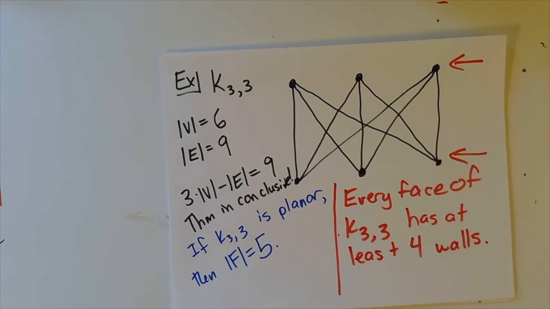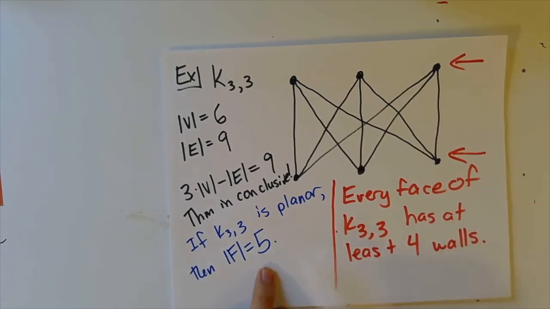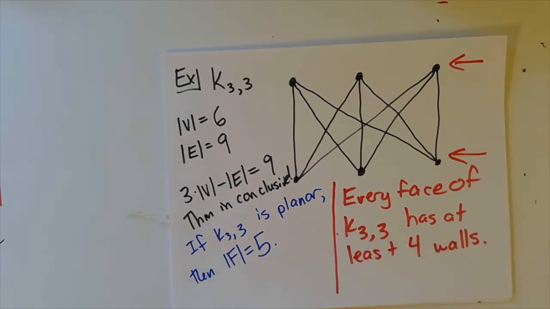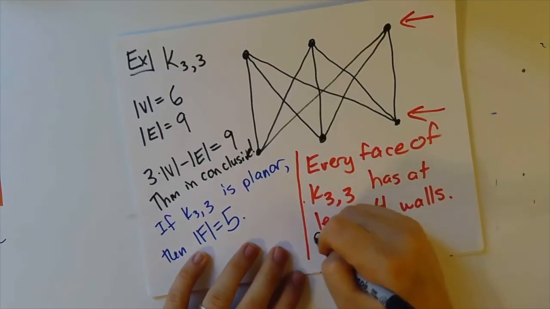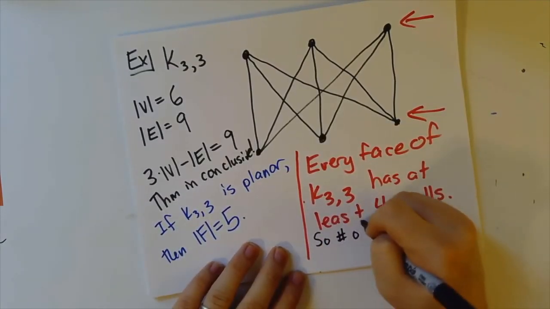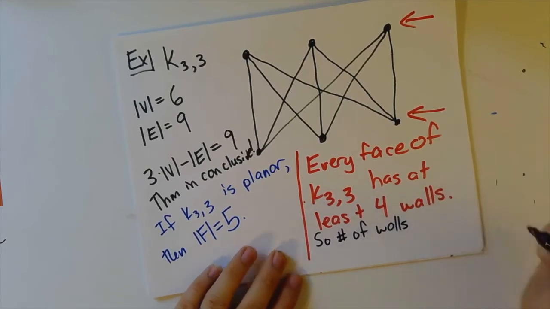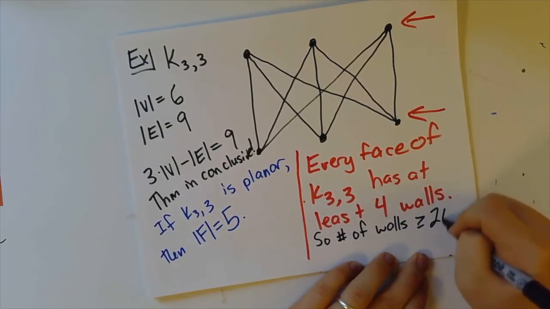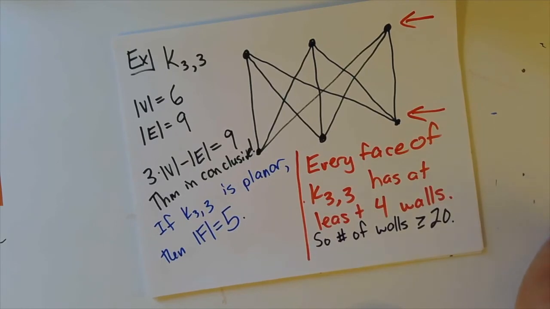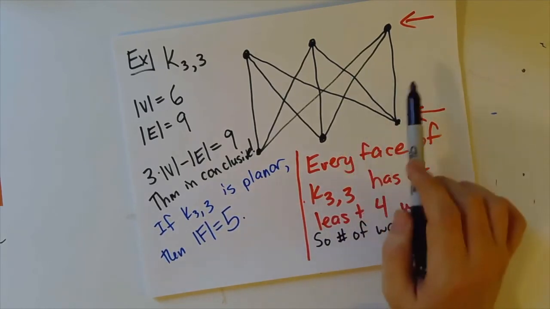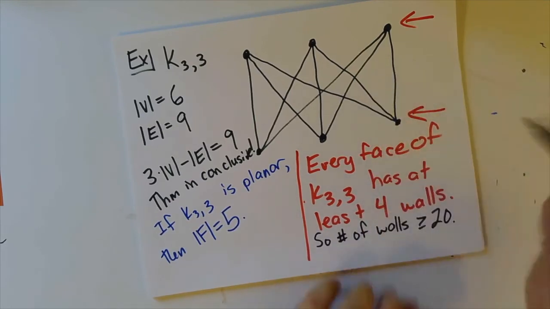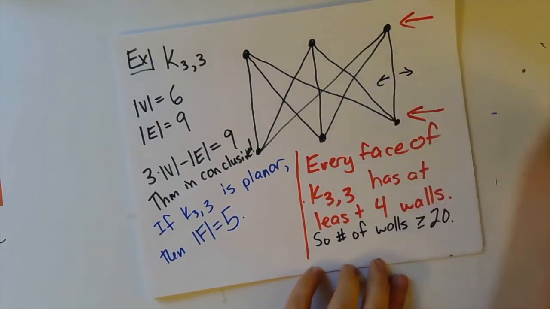Okay, so there's 5 faces. Every face has at least 4 walls. So that would mean the number of walls is at least 20. On the other hand, I know how many walls there are because remember, every wall is half of an edge. It's one of the 2 sides of one of the edges.